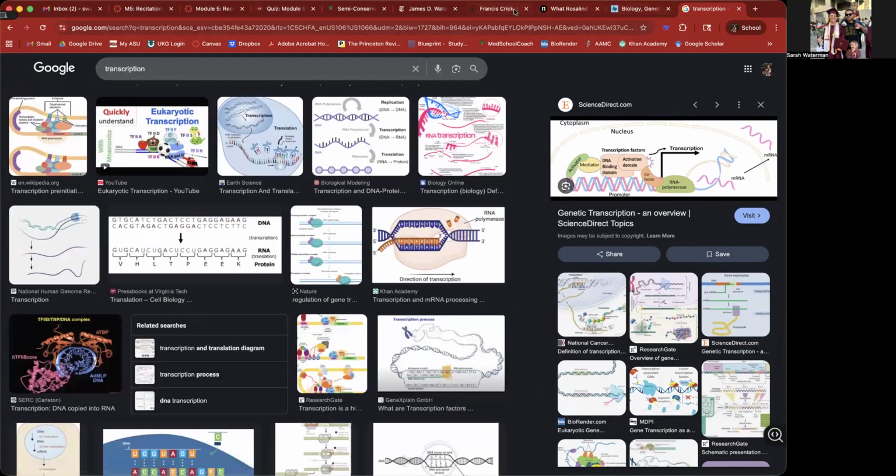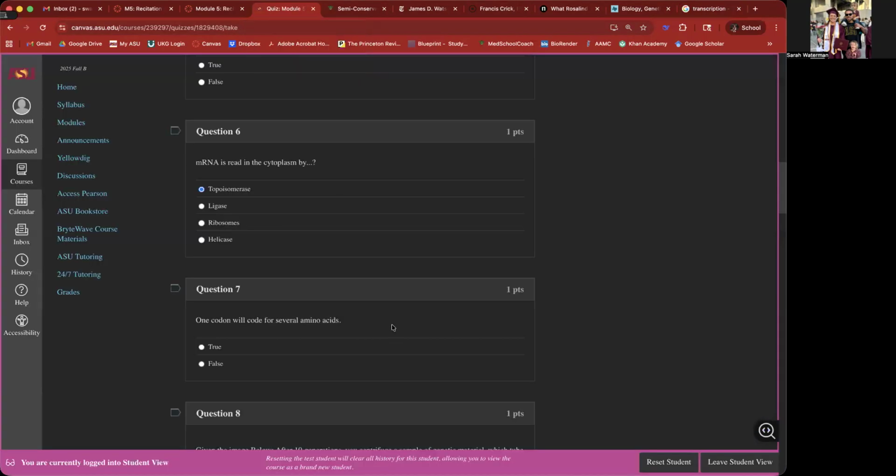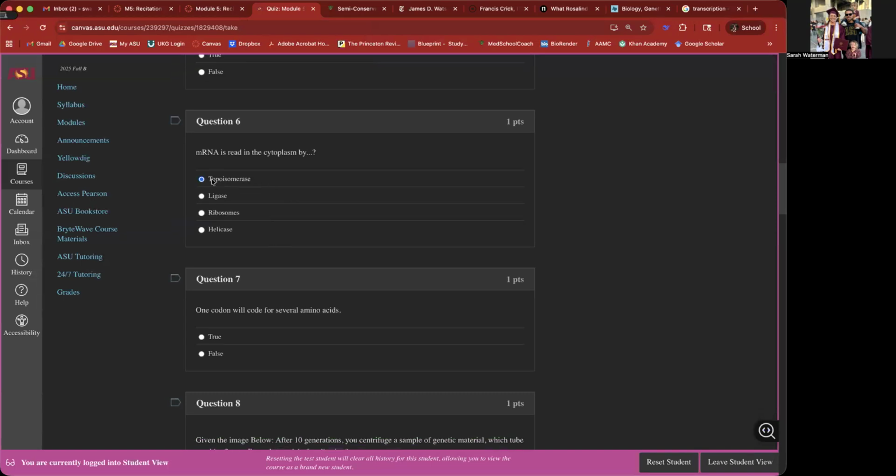But essentially, if we wanted to look at the differences between these, topoisomerase actually keeps it from supercoiling. As we unwind the DNA strand, we will have this supercoiling effect outside of that break.